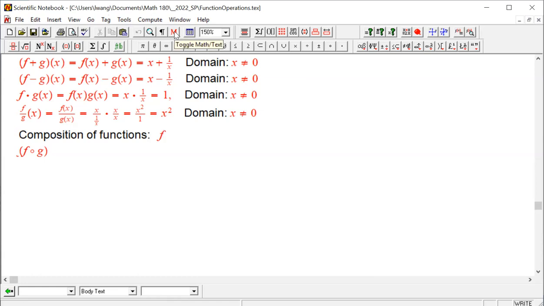That means f is a rule. f and g are functions, respectively. They each have their own domain and range.